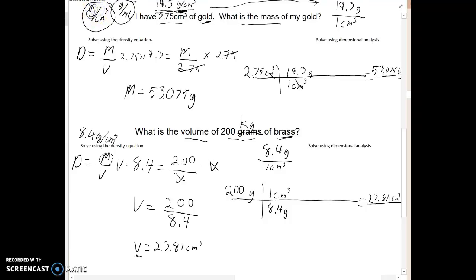So if we start in dimensional analysis, because we're going to have to convert kilograms to grams anyways, I can easily just continue my dimensional analysis setup. So in many ways, dimensional analysis helps us to avoid some of the mistakes that we might run into when using the equation. But either way works, and you should be able to solve these problems both ways.